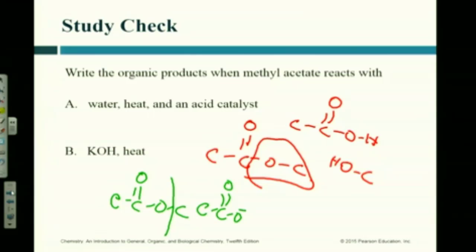So which ion is going to be attached here? Potassium. Why potassium? Because it's positive. Hydroxide is negative. So potassium will be attached there. And what else do we get? We get an alcohol too, don't we?